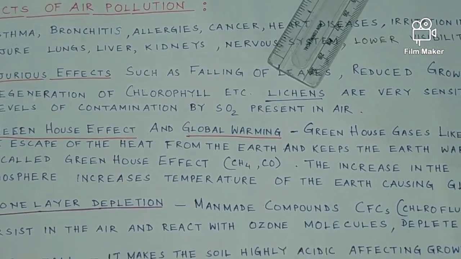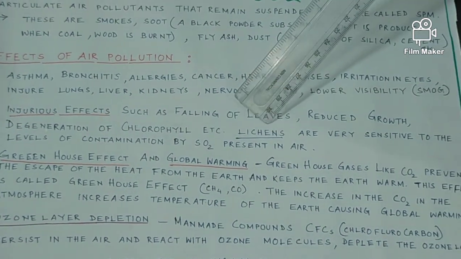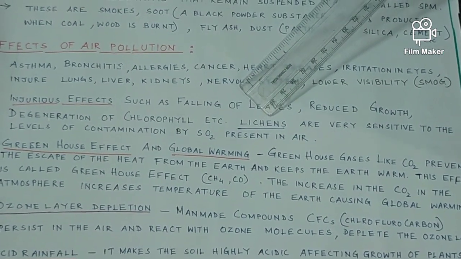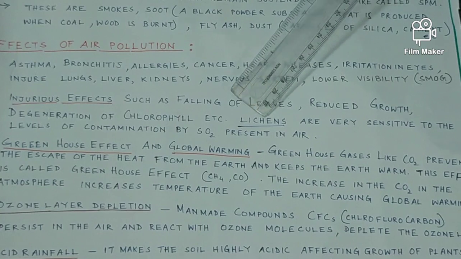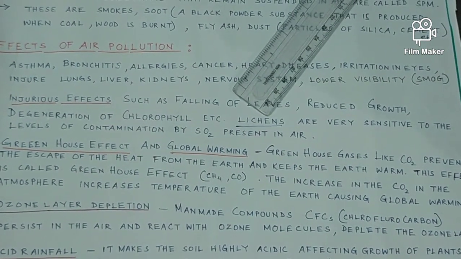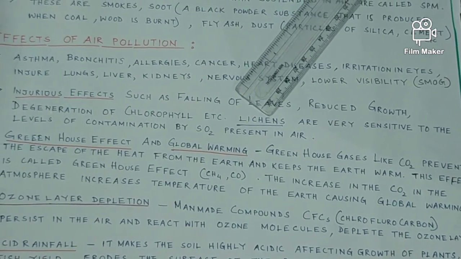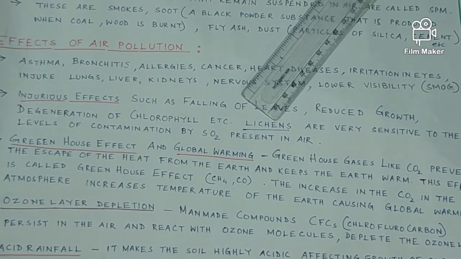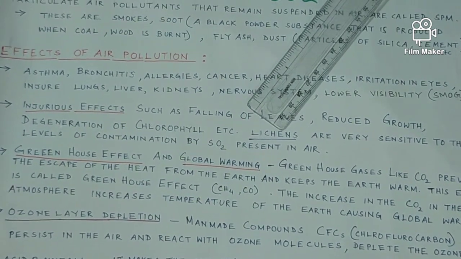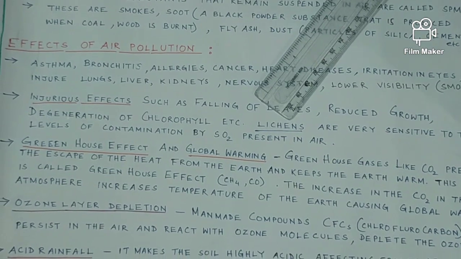Then lichens are very much sensitive to sulfur dioxide gas. Lichens are an association of algae and fungi. Lichens are pollution indicators. They are found in clean areas where air is not polluted. So it is a pollution indicator in the sense that it will not be found in the industrial areas, because many harmful gases are released from the industries.